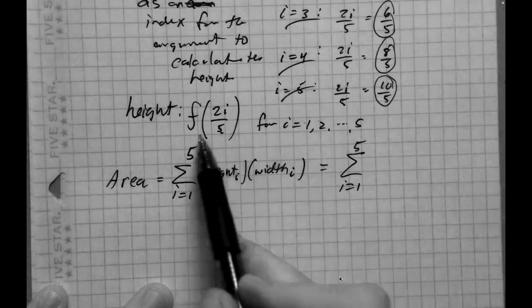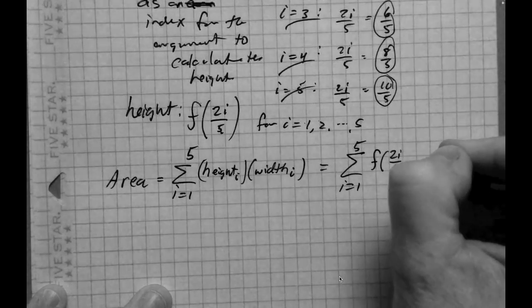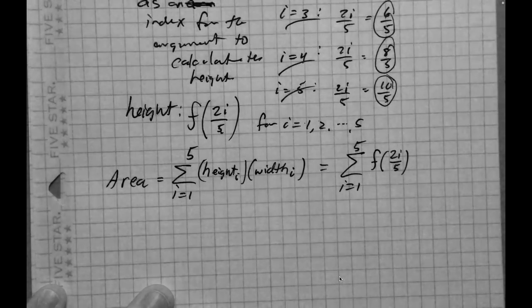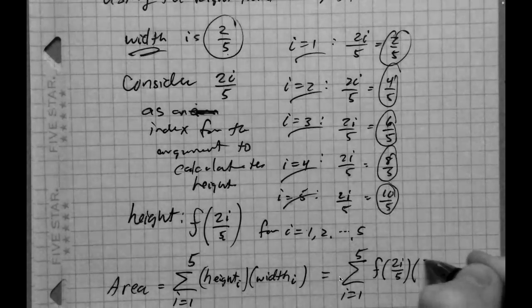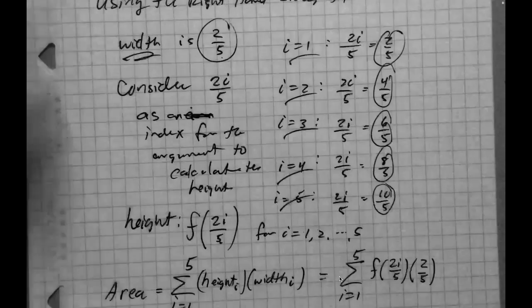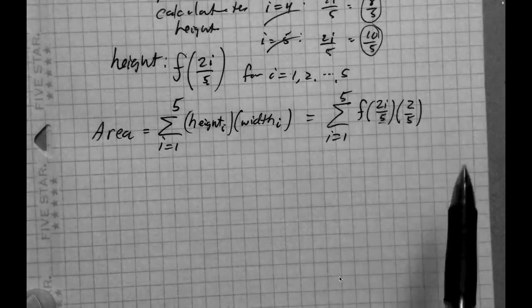Now the height is right here, so it'll be f of 2i over 5. And the width is a constant. It's always 2/5, irrespective of which interval you're looking at. So this is good. We're getting somewhere.